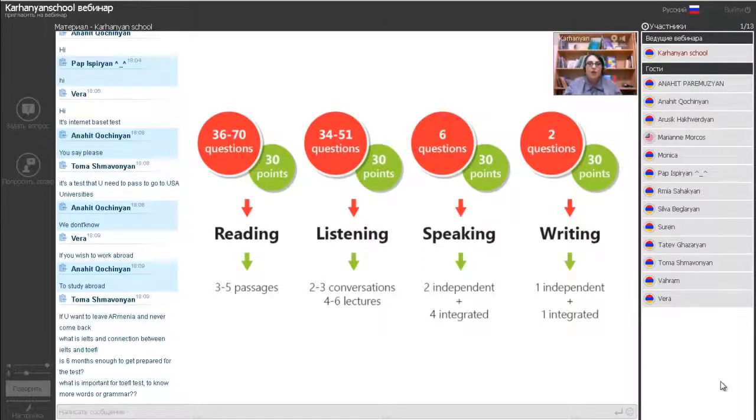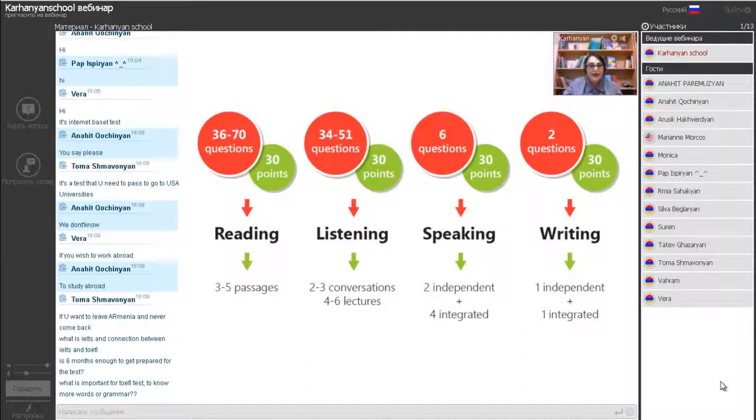Now let's go to the four sections of the TOEFL iBT test. It has four sections: reading, listening, speaking, and writing. In the reading section, you'll have from 3 up to 5 passages. It depends on whether you have a long reading section or a long listening section, so they compromise each other. Then in the listening section, you'll have from 2 up to 3 conversations and from 4 up to 6 lectures.